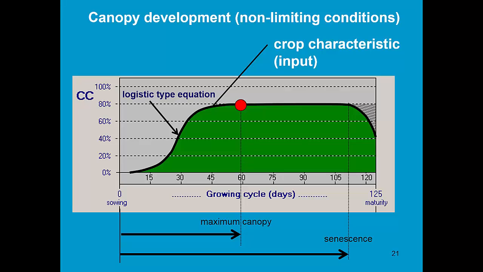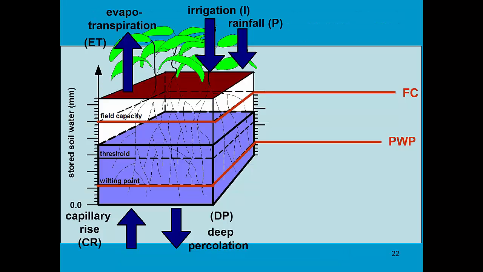Throughout the season, the conditions are not necessarily non-limiting. For example, water stress in the root zone might limit canopy development. To describe water stress, AquaCrop simulates the soil-water balance. In a schematic way, the root zone is depicted as a reservoir in which the water content will vary depending on the input and output of water.